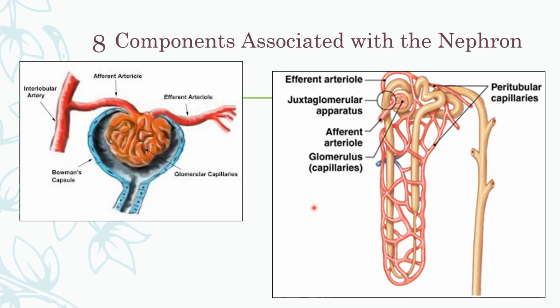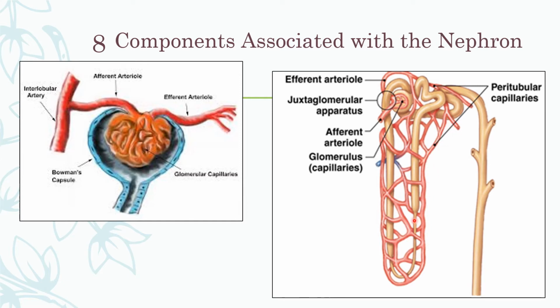Okay, so we have an afferent arteriole, which you can see here, and the afferent arteriole is going to supply the glomerulus with blood, and then you have the efferent arteriole, which is going to carry blood away from the glomerulus to the peritubular capillaries. And the peritubular capillaries, you can see here, are kind of intertwined with the loop of Henle and that distal and proximal tubule. Okay.